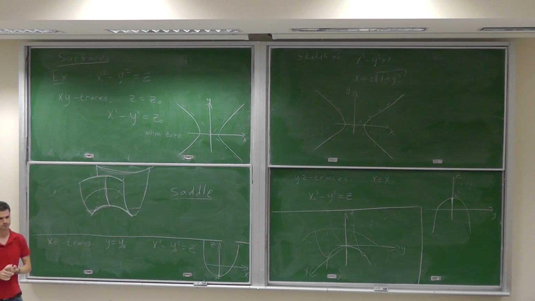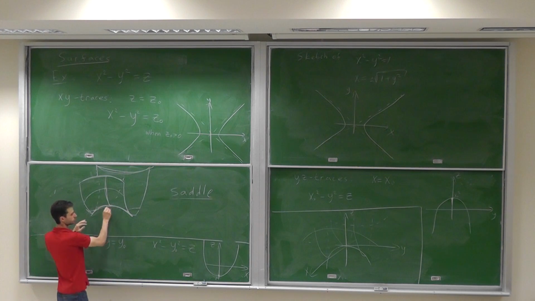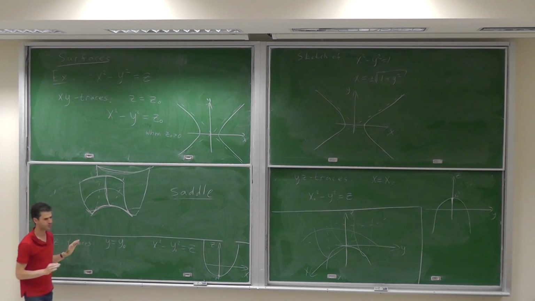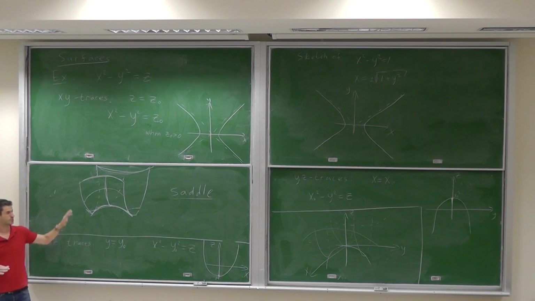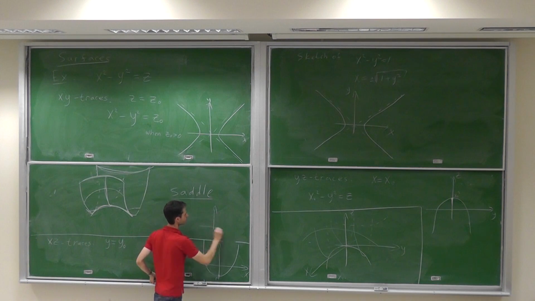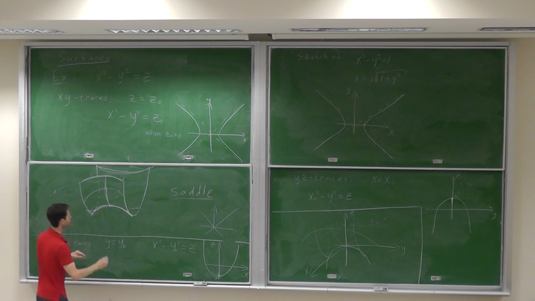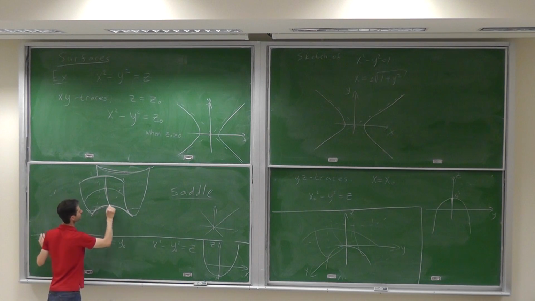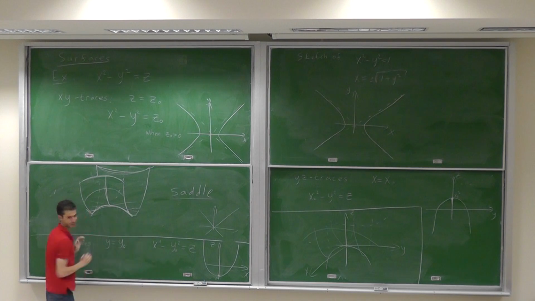Where on that graph is z not equal to 0? It's this point, and it's actually a funny trace. When z is exactly equal to 0, the hyperbola degenerates to a set of two lines, like this. And on this surface, you will see a set of two lines, like this.